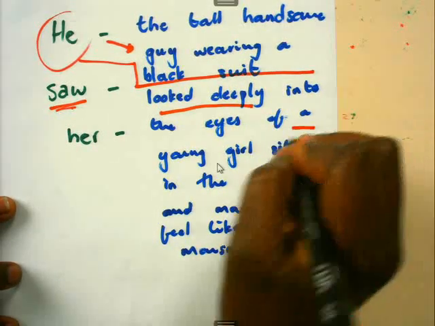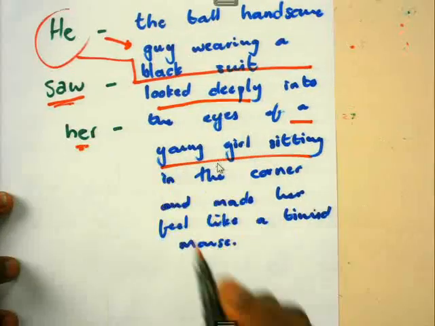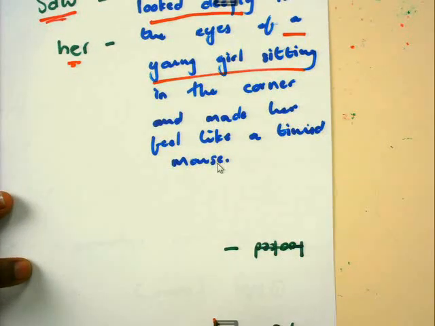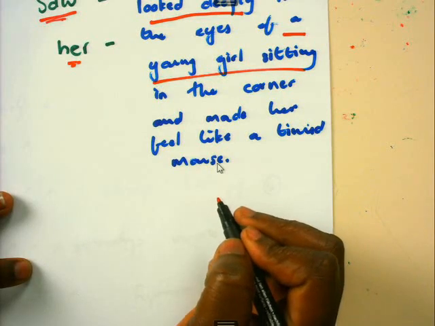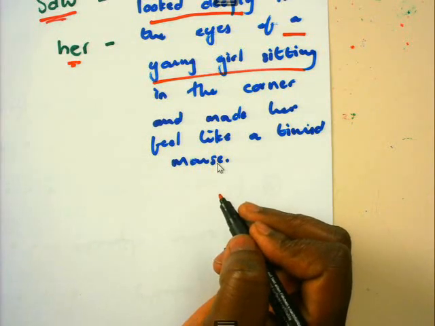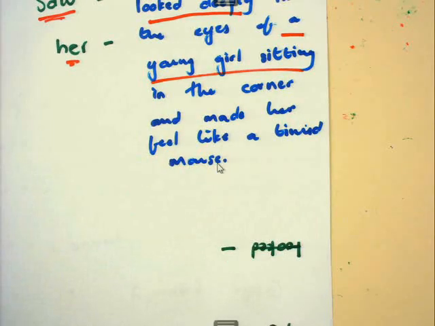From there, that should be her, a young girl sitting in the corner, and made her feel like a timid mouse. Now, instead of just saying "he saw her," you're saying the tall, handsome guy wearing a black suit looked deeply into the eyes of a young girl sitting in the corner and made her feel like a timid mouse.